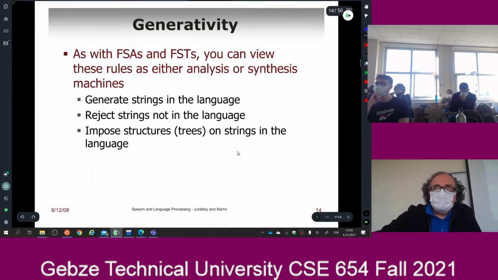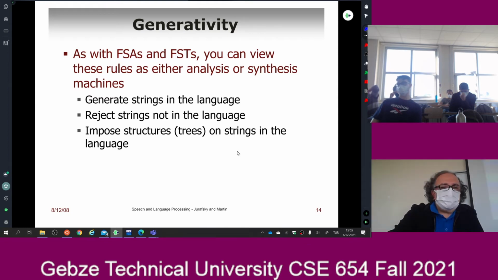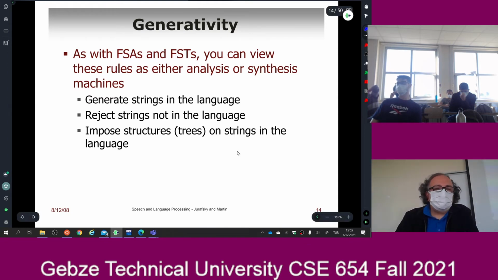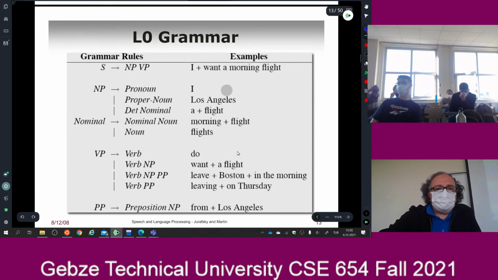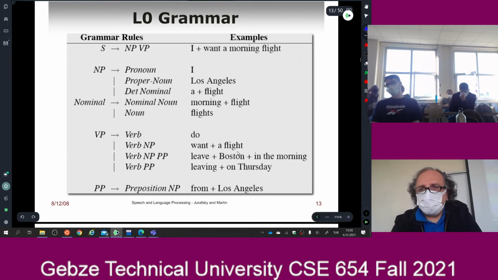Like the finite state transducer or finite state automata, we can use these kinds of grammars to generate syntactically correct sentences, to generate strings in a language. Start from S, and for example, noun phrase, verb phrase.